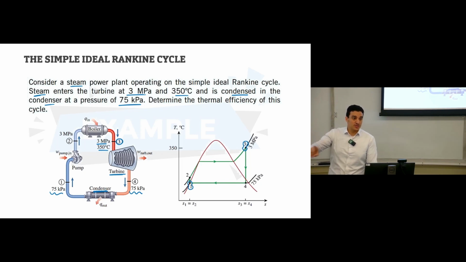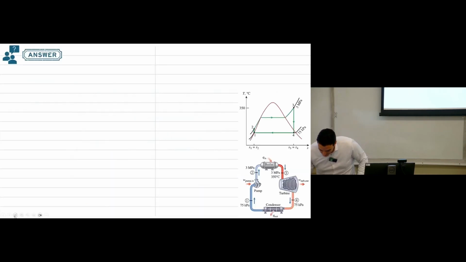For saturated liquid or saturated vapor, you just need one piece of information to get all the other values. So at point number 1, we have saturated liquid at 75 kilopascal. Then you can find enthalpy, specific volume, and any other data at this point. Then we can start using the equations that we showed before. So let's see what we have here, based on the given information.